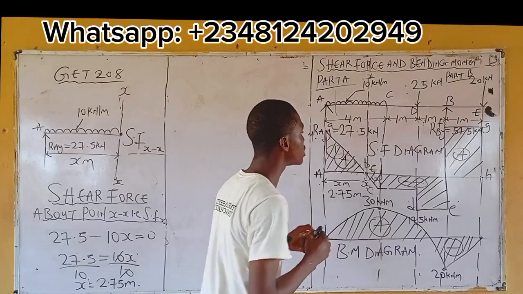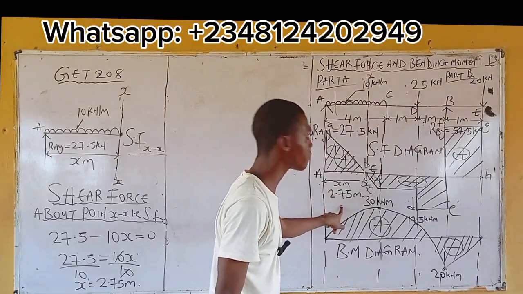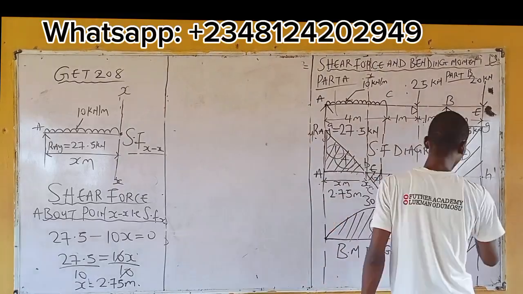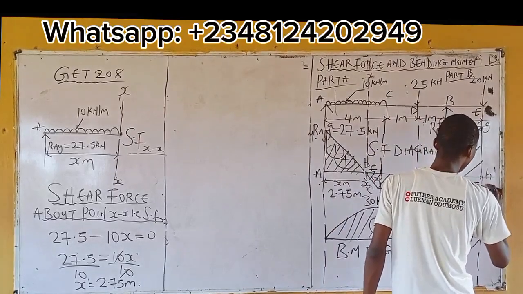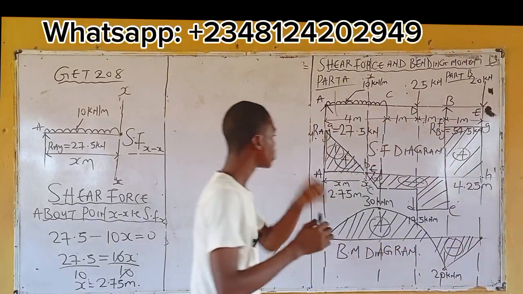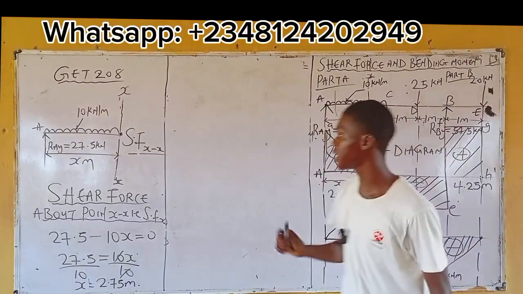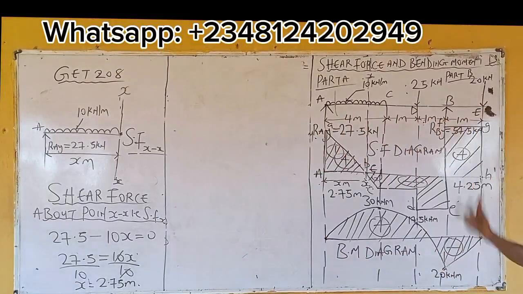How do you get E to H? 7 minus 2.75, and that's 4.25 meter.